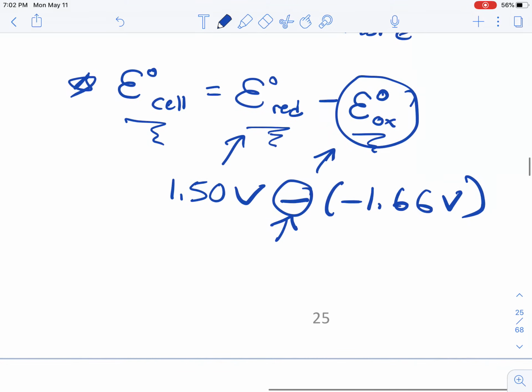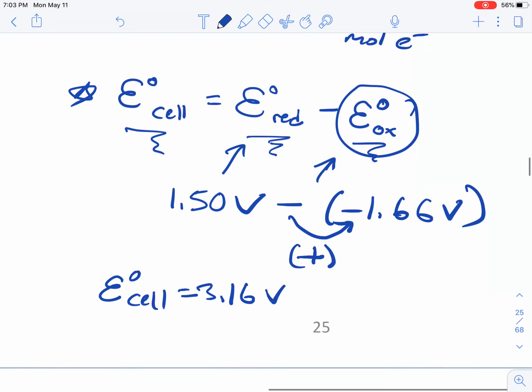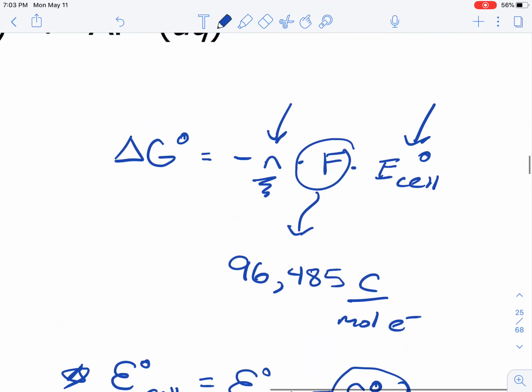And the reason why I say add is because a negative times a negative is a positive. And so overall, your standard cell potential is going to be 3.16 volts. And so we've now figured out that this is going to be 3.16 volts.